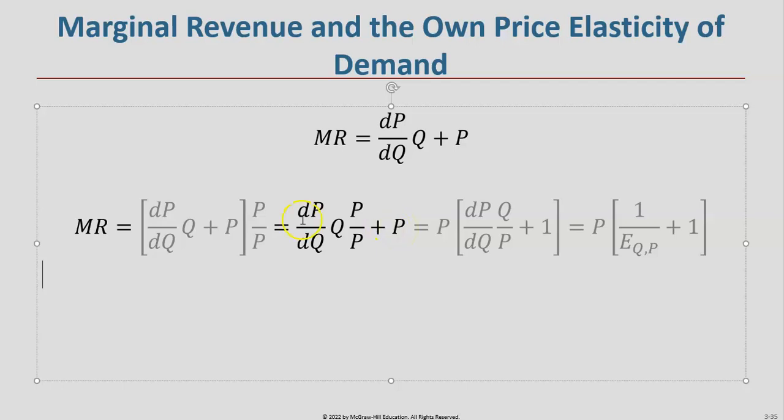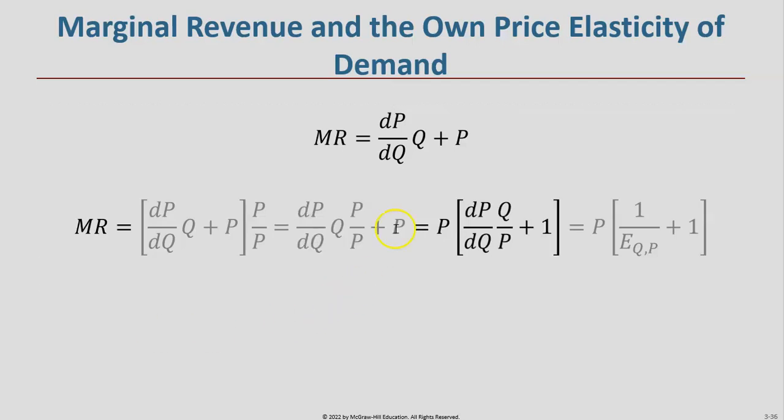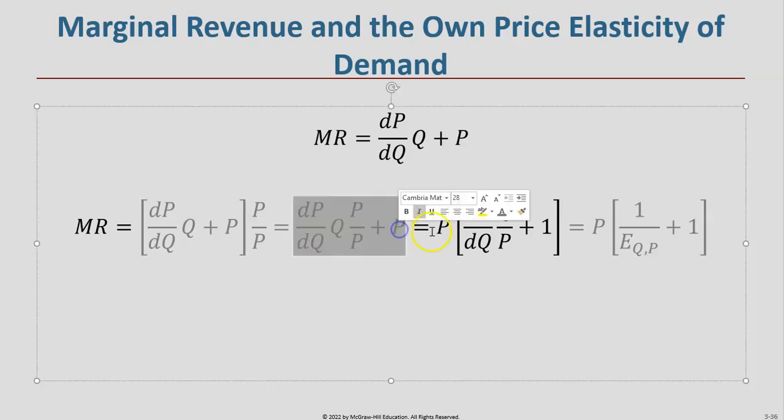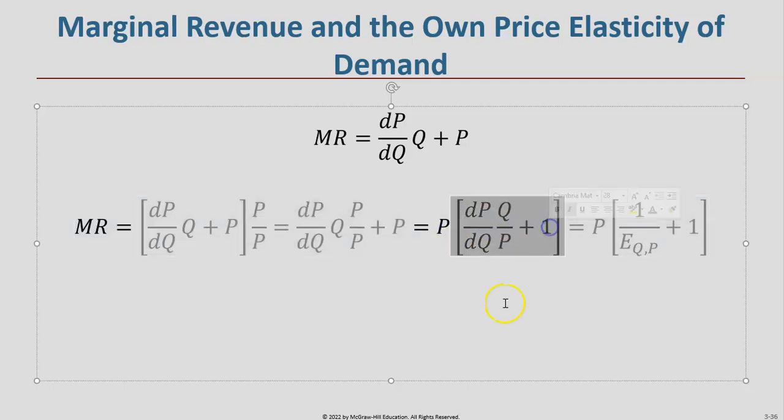Okay, and since price is a factor in both of the additive components of the marginal revenue function, on that second step, we can factor it out and multiply it by this term in brackets.